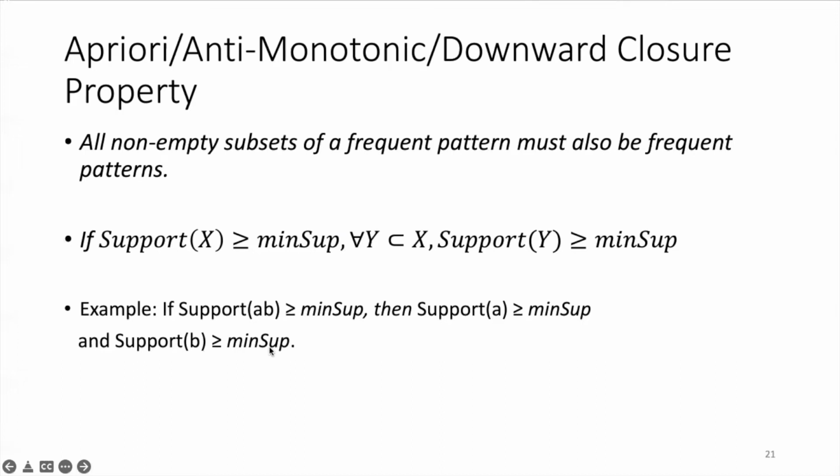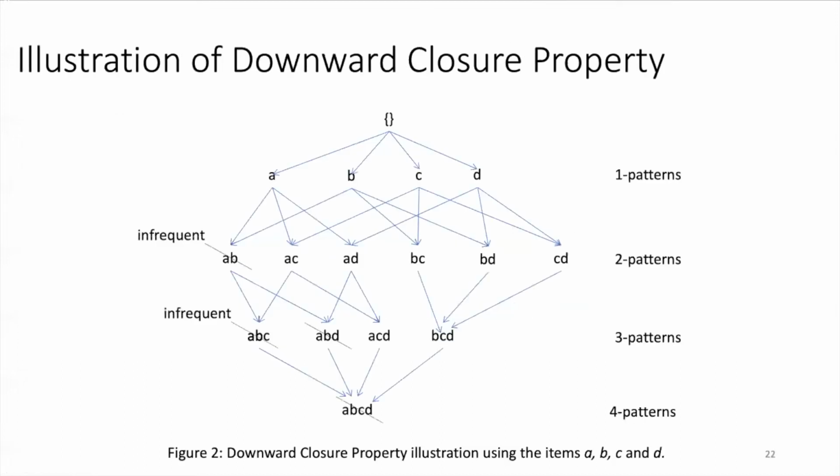This is the property. So how do we use it? Assume this is our search space. Now, if we start from item A and go down and notice that AB is infrequent, that is, the support of AB fails to satisfy the min support value, we simply say AB is an infrequent pattern, and all the supersets of AB will also be treated as infrequent patterns and we don't go to the mining of this.